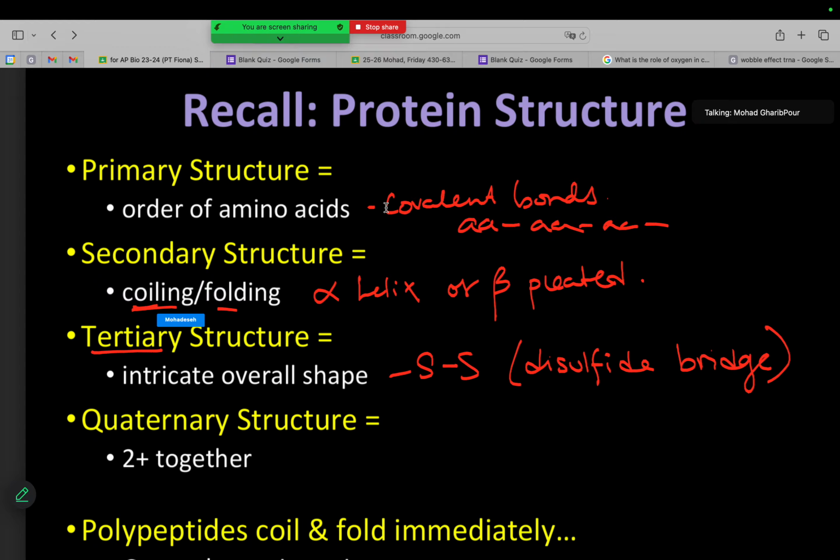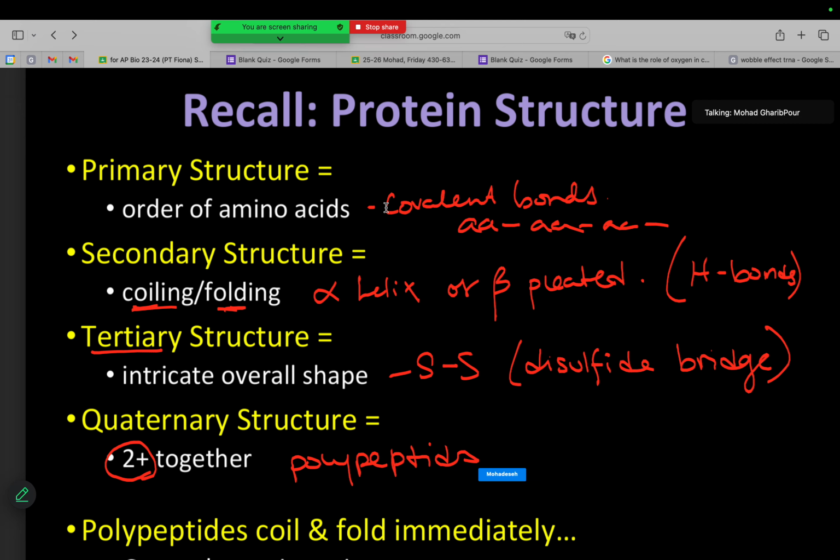By the way, the coiling and folding are created by hydrogen bonds. And then quaternary structure is two or more polypeptides together.